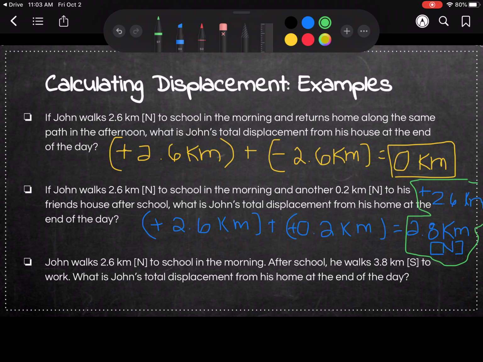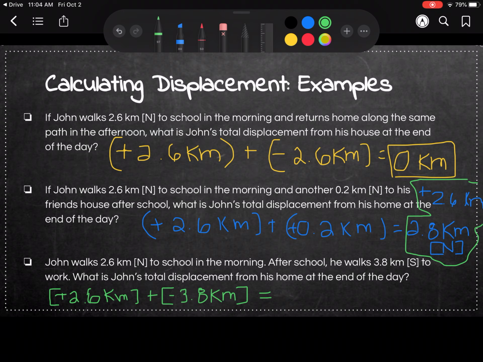And then the final one, it says John walks 2.6 kilometers north to school. So he again is doing that positive 2.6 kilometers. After school, he walks 3.8 kilometers south. So south is a negative number. He walks there to his work. What is his total displacement? So this one, we add 2.6 plus negative 3.8.